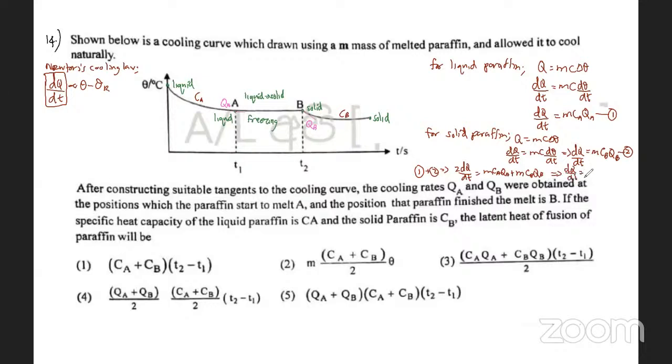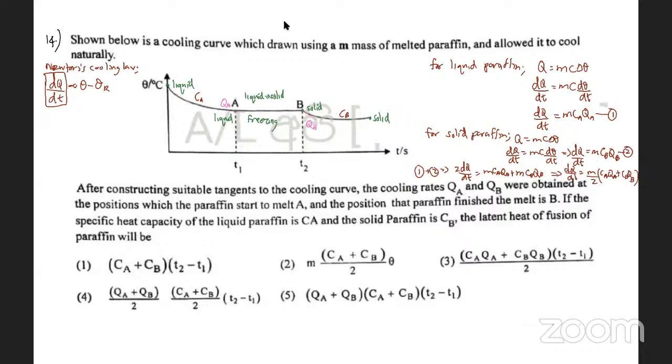M you can take out and divide by 2, and inside the bracket you have C_A Q_A plus C_B Q_B. Do you see an answer like that? I see that here. Probably this is the answer.